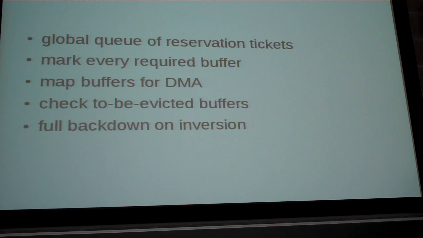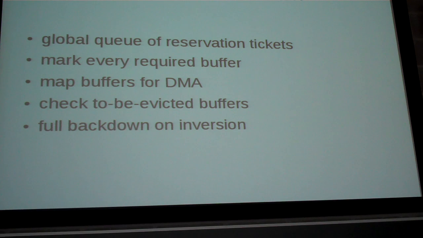And then if you need to evict something, you check whether that buffer already has a reservation ticket. And if that ticket is ahead in your queue, you know you have an inversion, and you need to back off, drop all the pins on the buffers you need, and then start anew.